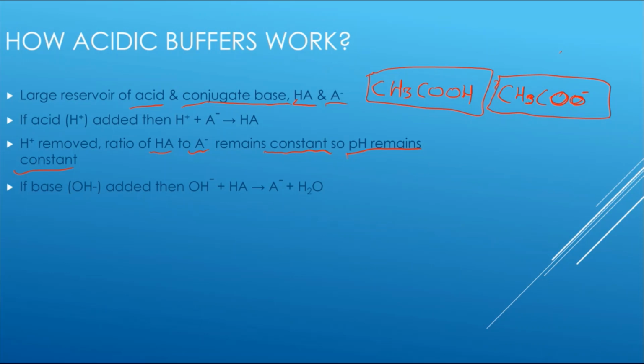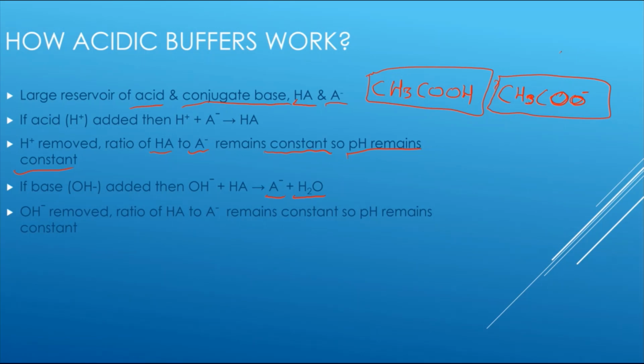But now if we're looking at adding a base, so OH minus ions, these OH minus ions would react with the weak acid itself. When the OH minus reacts with the weak acid, the OH minus ends up gaining a hydrogen from that weak acid to form water, and we would have the conjugate base forming. So as you can see, we are again removing the OH minus from the system.